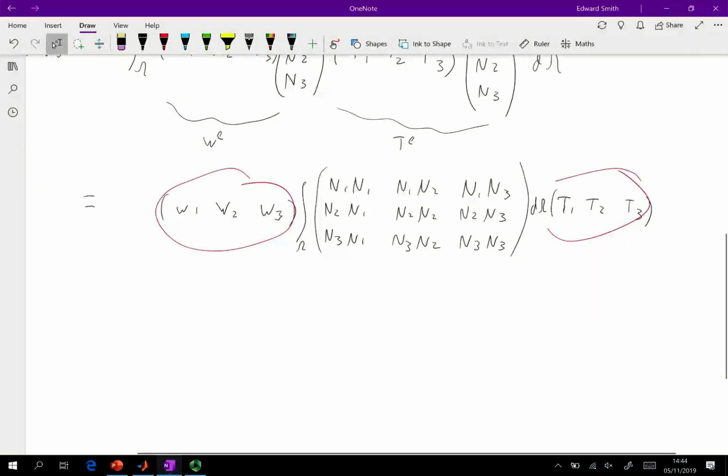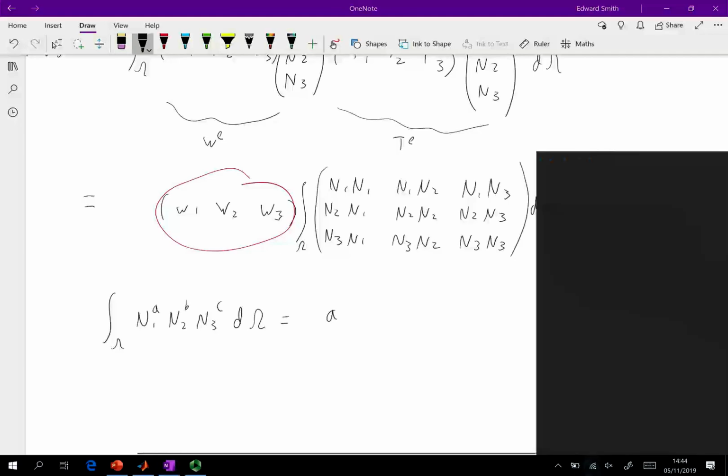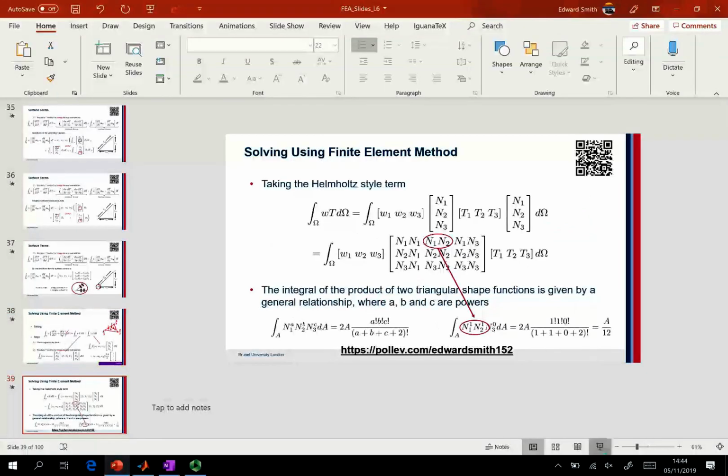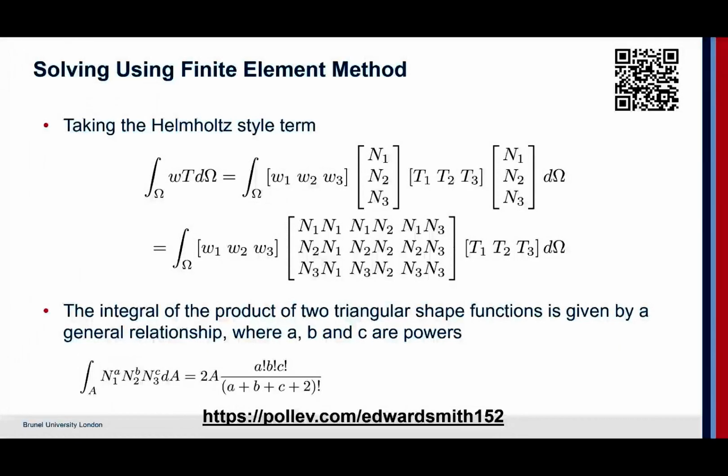So this is where that identity I mentioned before comes in, where for a shape function, with a, b, and c as powers, you take the integral over those, and it has a clear expression as the factorial of a, b, and c divided by a plus b plus c plus 2, all factorial.